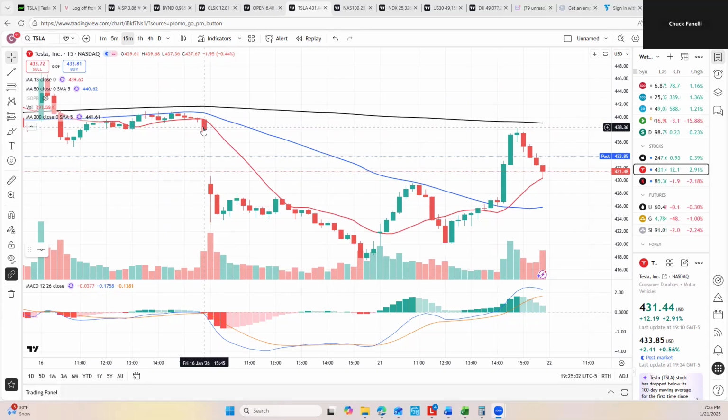The market uses him as an excuse to take your money. So the market slams down. It closed at 437. Tuesday, it opens at 429.